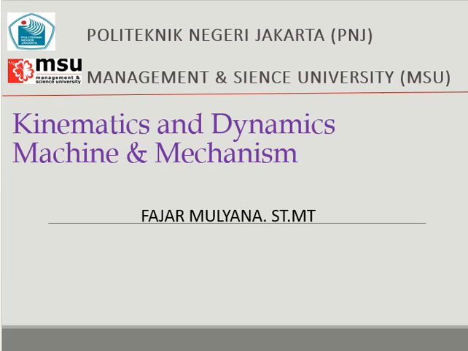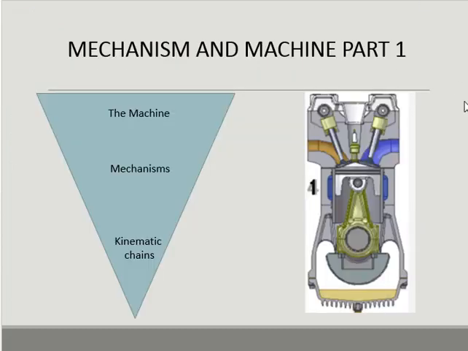We will continue our lesson on kinematics and dynamics. Today we will learn about machine and mechanism. If we look at this illustration, we can draw some conclusions. There are three big topics in this illustration.